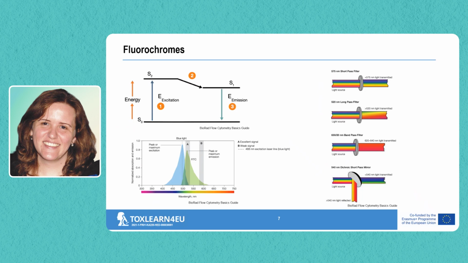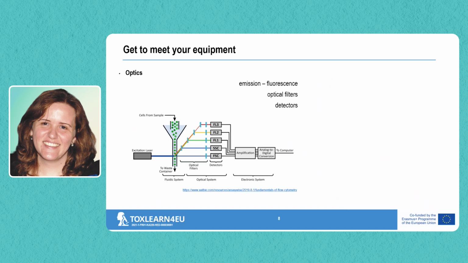There are a number of different filters. These are just some examples: short pass filters, long pass filters, band pass filters, and short pass mirrors. So the flow cytometer will have these filters.